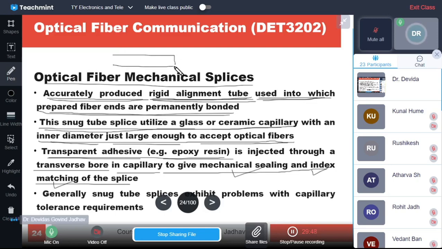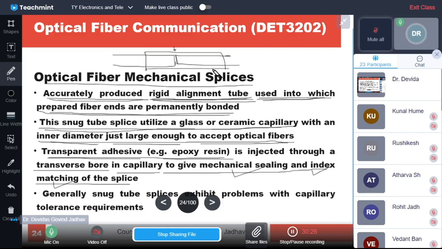So there is one fiber and there is another fiber. They have a very small gap in between the end surfaces, and that gap is filled with this index matching fluid material, and also the resin, which also fills the gap in between the tube used for packaging.